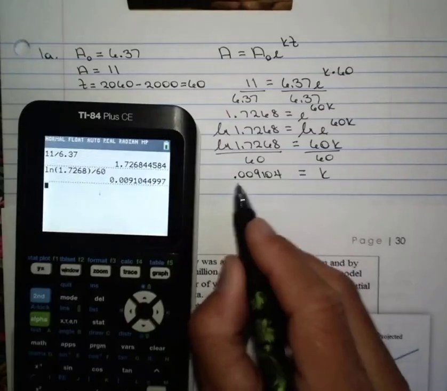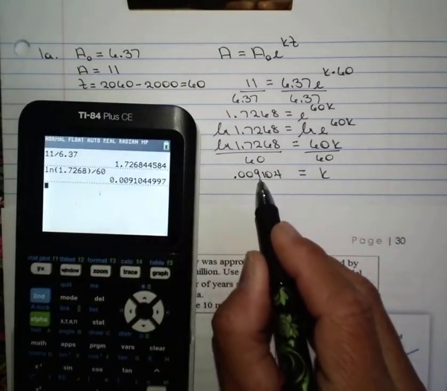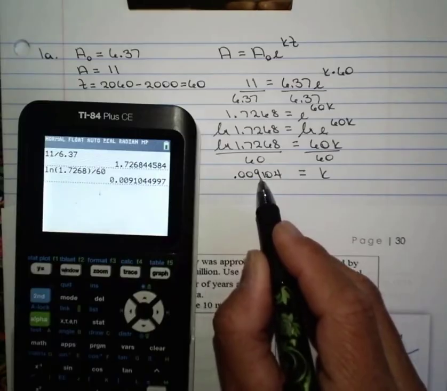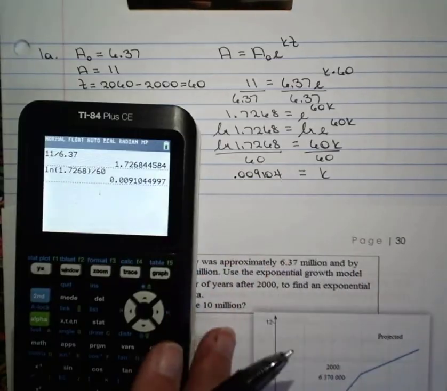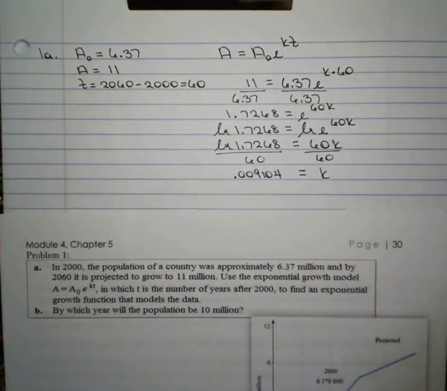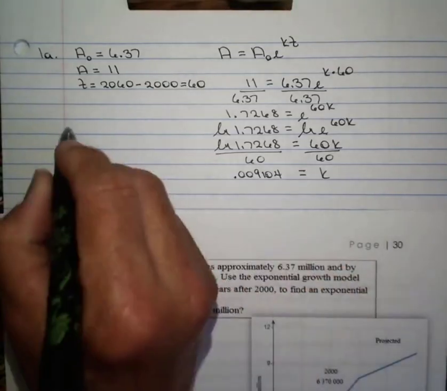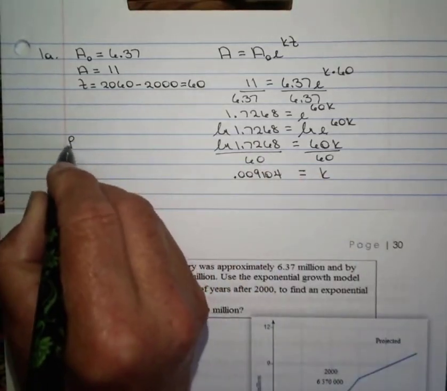You can end up with these decay and growth functions. You can end up with quite a long decimal, but remember, after that decimal point, you have to hit something that's not a 0, and then you count 4 digits after that, okay? And be sure you round that 4th one. All right, so I've got my rate now, k, and it said what is the function that models it? Well, if I was writing it as a function, I would say it's a function of time.